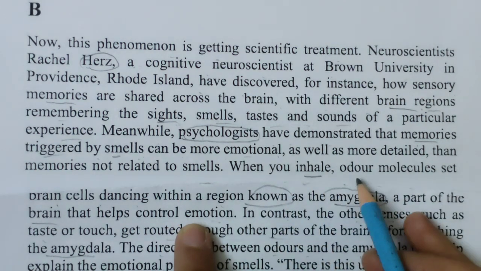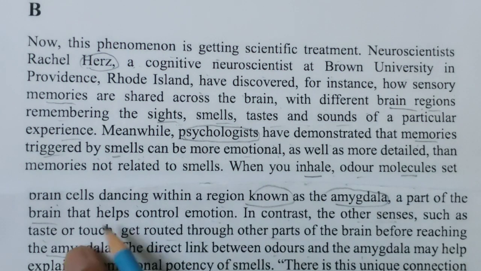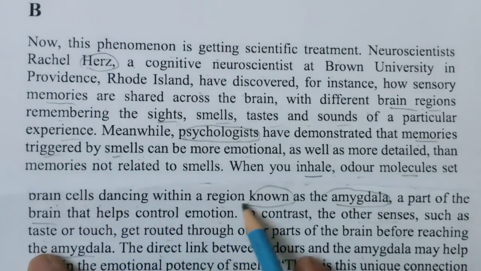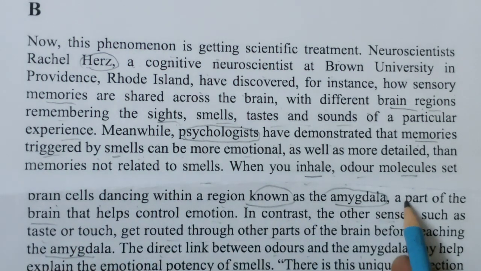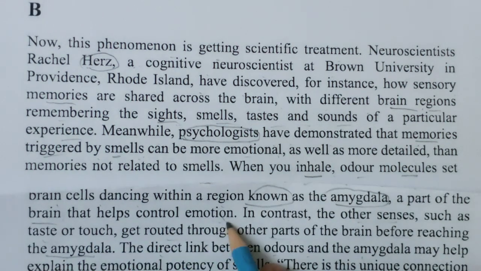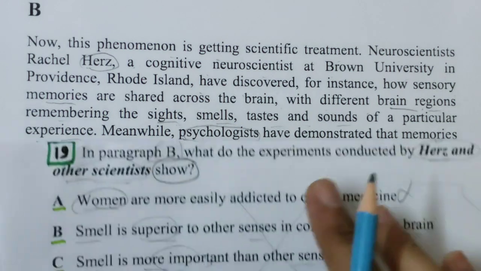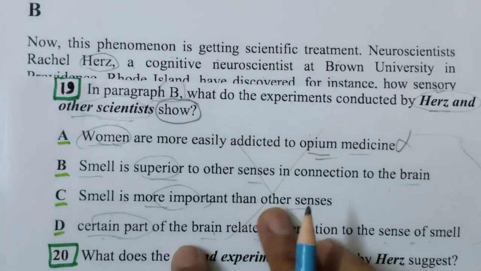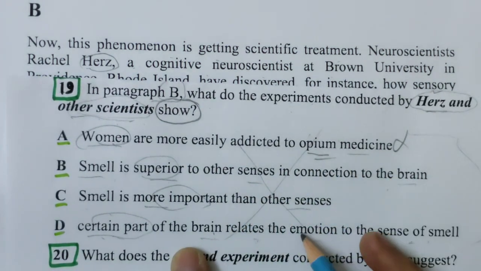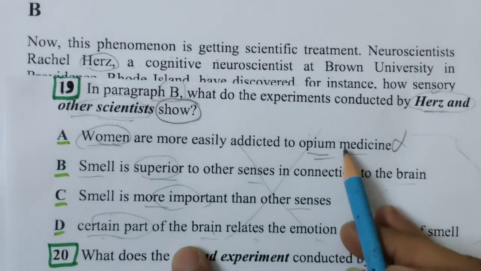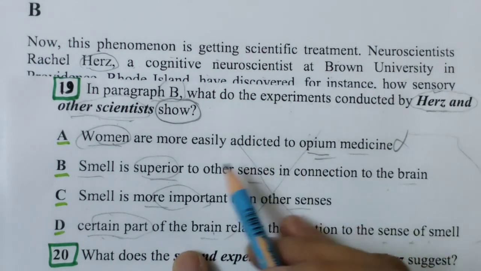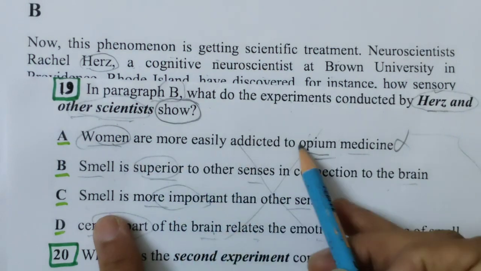When you inhale, odor molecules, meaning smell, set brain cells dancing within a region known as the amygdala, a part of the brain that helps control emotion. Actually, after reading the paragraph at the location, then you come back to the options. Then for these four options you have to find whether it is true or false, because here they are not talking about anything, or it is not given.